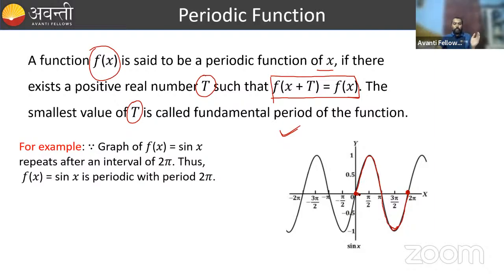So for the values of x from 0 to 2 pi, these red curve values of y you are getting. Again you start getting all those values from 2 pi to 4 pi.